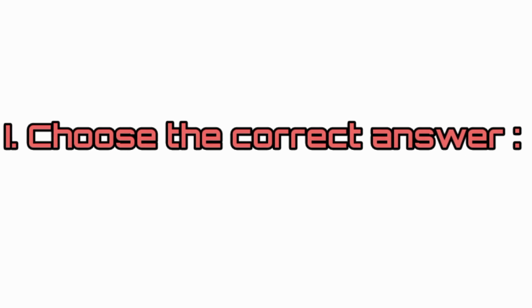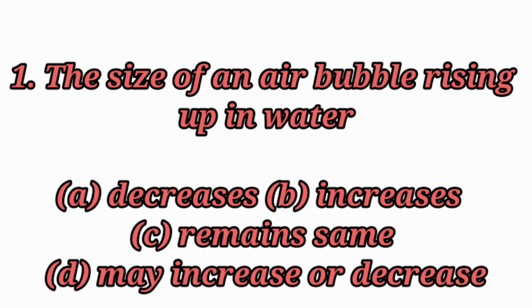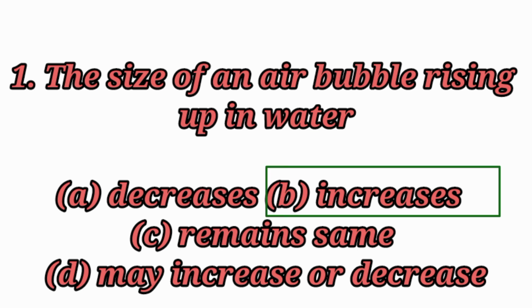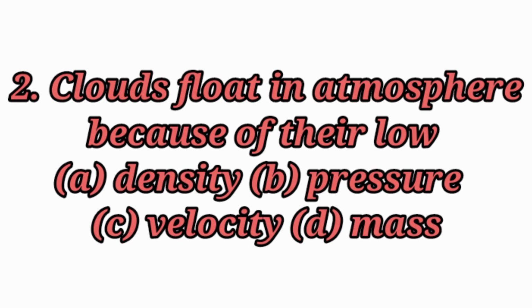Choose the correct answer. The size of an air bubble rising up in water. Answer: increases. The size of an air bubble rising up in water increases. Second question. Clouds float in atmosphere because of their low, option A, density.